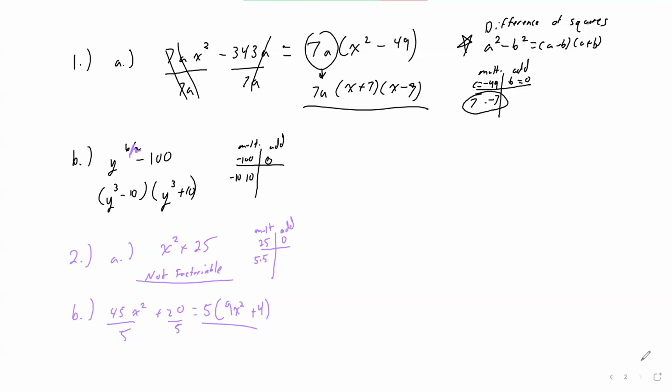Alrighty. So let's look at some more. We have z squared plus 40z plus 400.